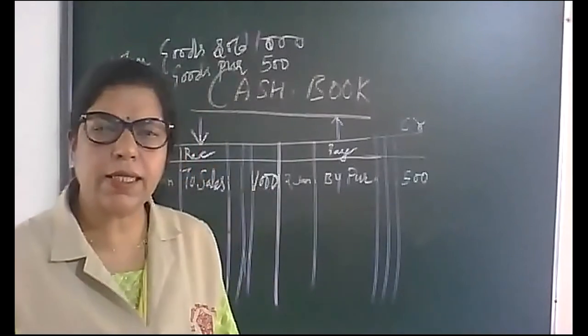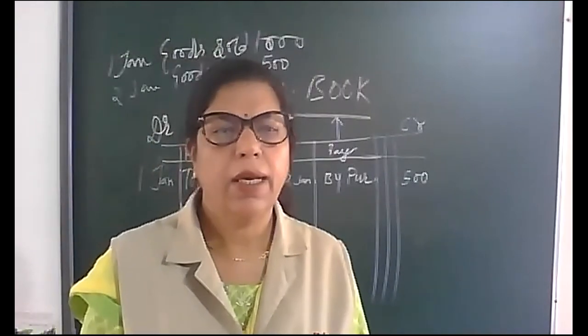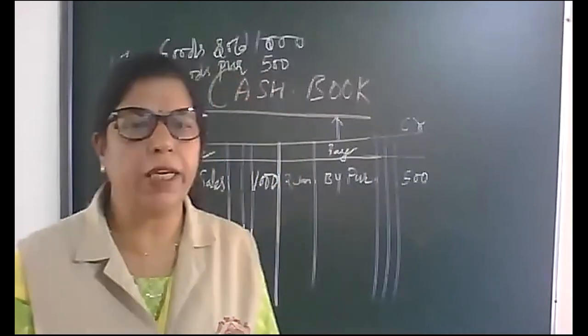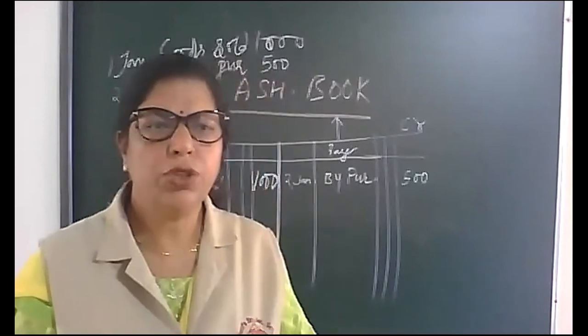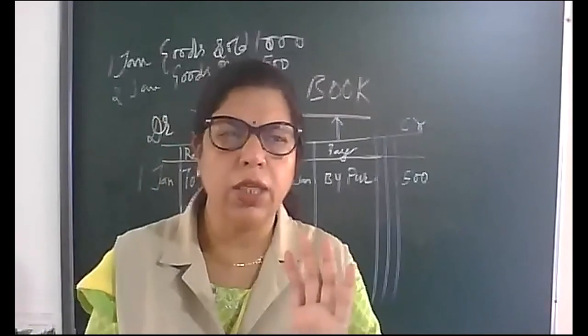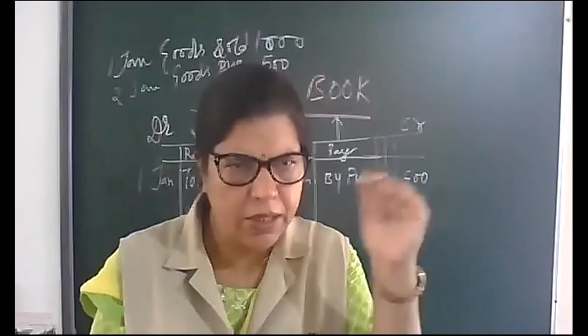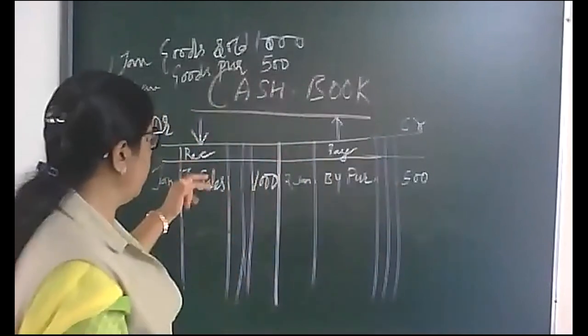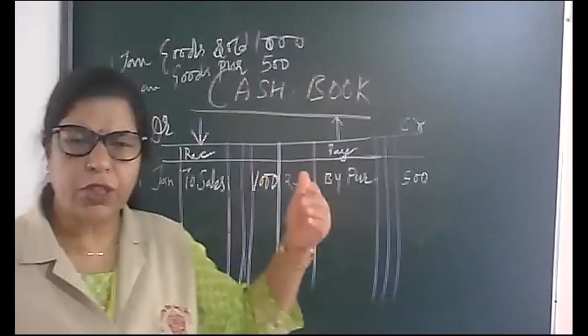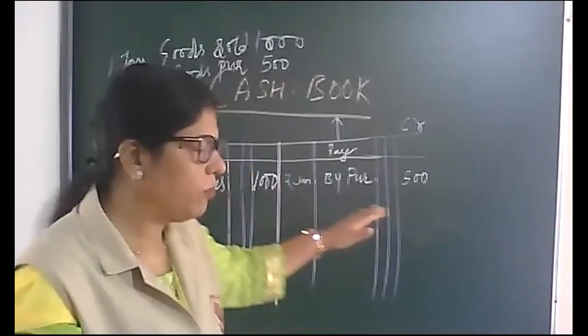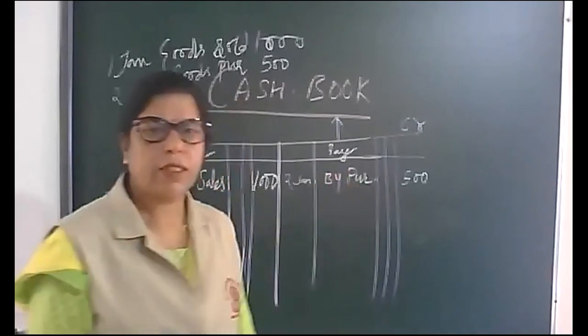This is the simple way. Tomorrow I will explain how to find out the balance. So my dear children, all the money received by the businessman will be on the debit side, and all the payments going out will be on the credit side.